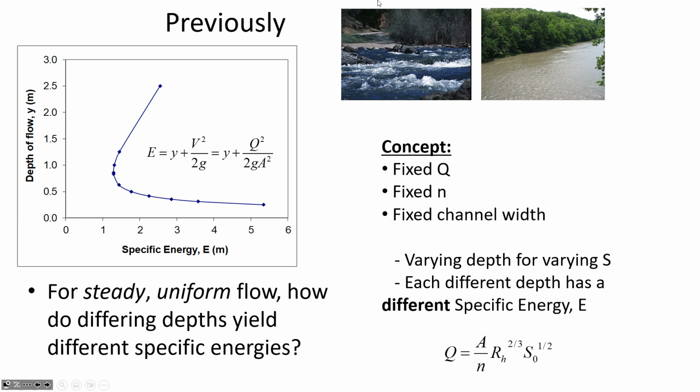We're going to start looking at what happens when there are varying slopes that cause these different velocities and depths. Some channels will be relatively steep, and this picture on the left is a photo of a mountain stream that's flowing very quickly, and you can tell it's moving quick by the fact that it's got some rapids. You can see the entrained air, which looks like white caps in the water.